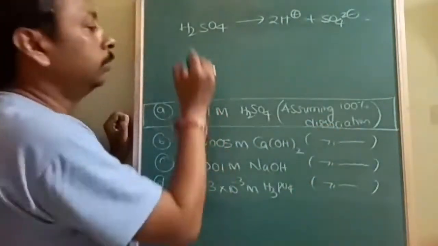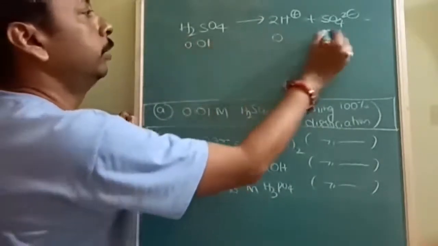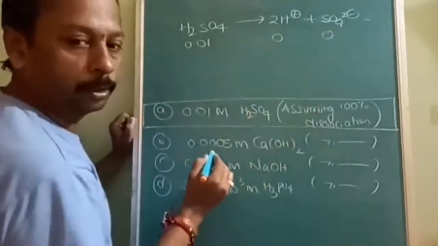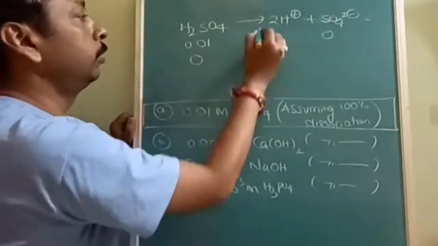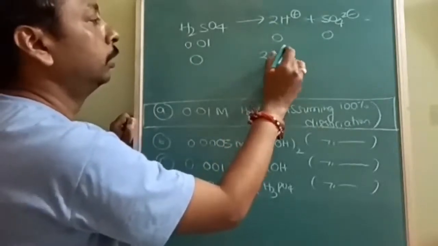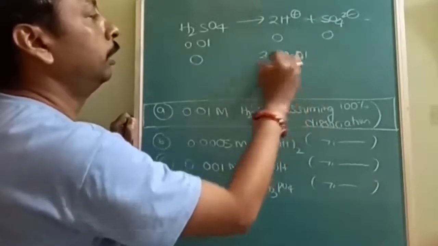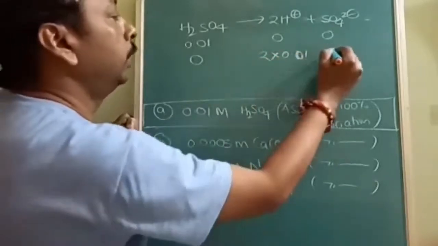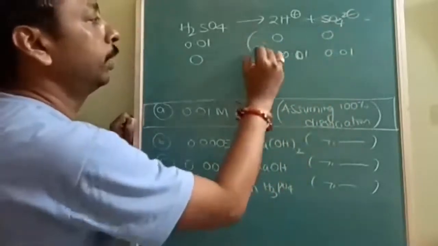So it is 0.01 molarity, and the products are 0 and 0. After complete reaction, this is going to be 0, this is going to be 0.01 into 2, and the sulfate is 0.01 only. This 2 came from here.